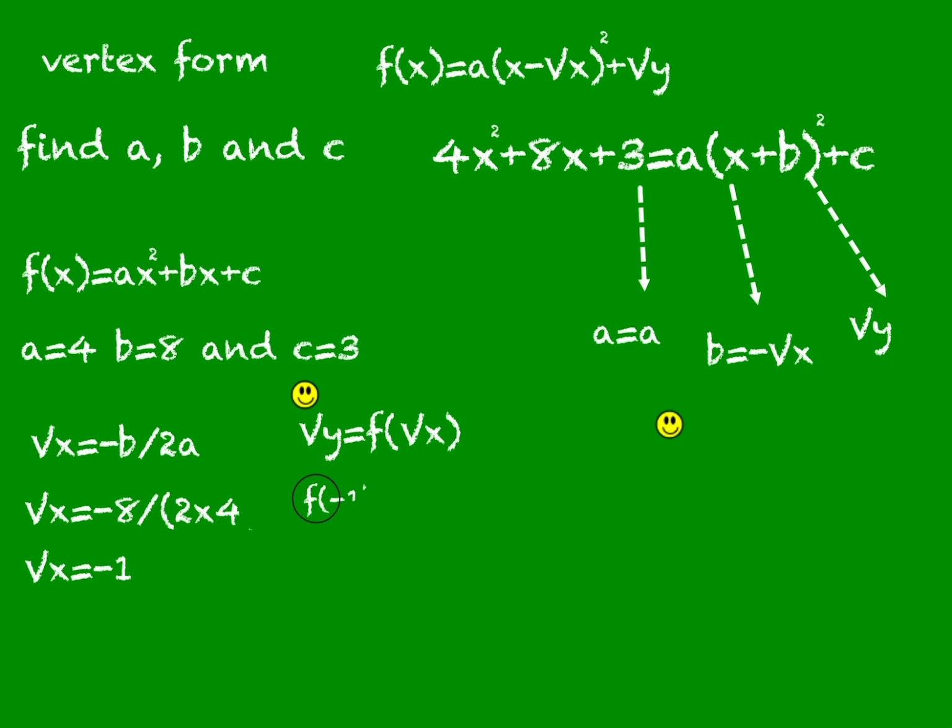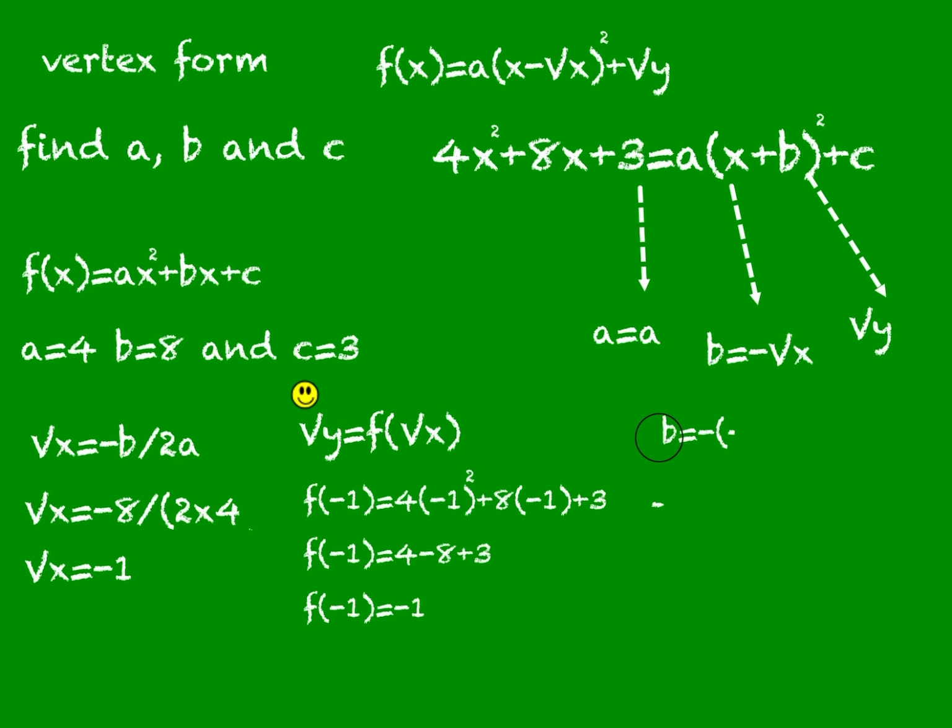So just plug negative 1 into the equation. Carefully do the mathematics and you will figure out negative 1. Don't forget, b is not the vx, so we are going to figure out the b. Clearly b equals 1.